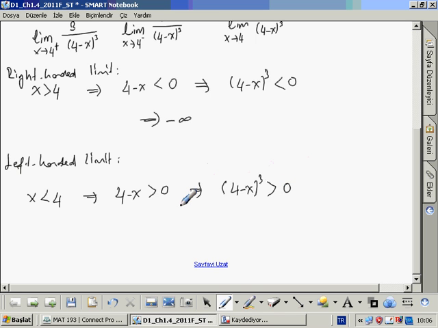We still have 4 minus x approaching 0 as x approaches 4. In this case, we have a positive constant divided by an increasingly small positive number. The result will be an increasingly large positive number, okay? And so it looks like the left hand limit will be positive infinity, okay?